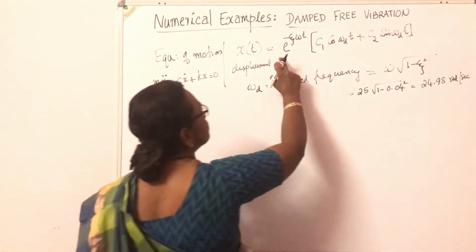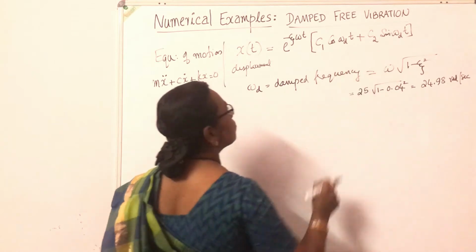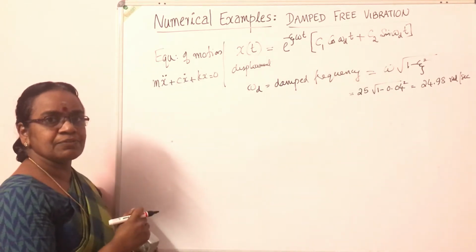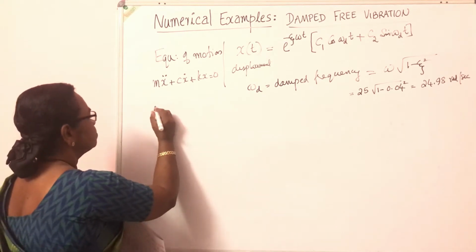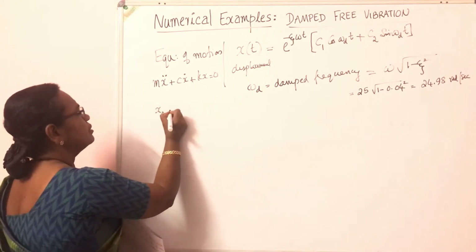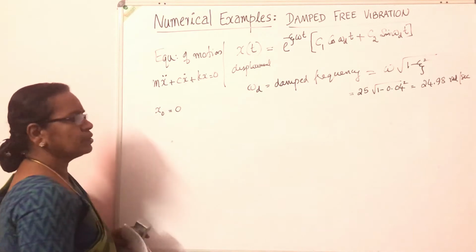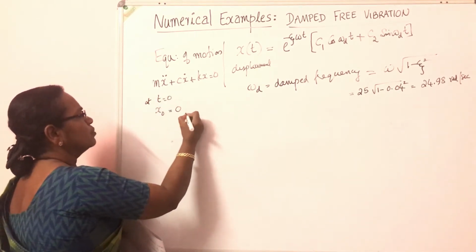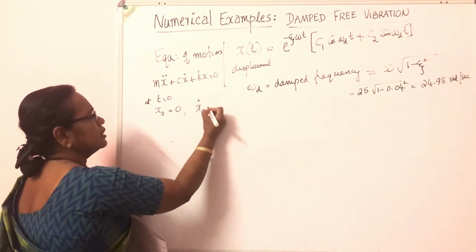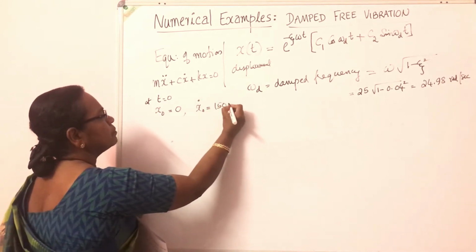So in this expression, we have to find out what is C1 and C2. For that, we are given the initial condition. To find C1 and C2, the initial condition is at time t equal to 0, the initial displacement x0 is equal to 0, and the initial velocity x0 dash is given as 150 meter per second.